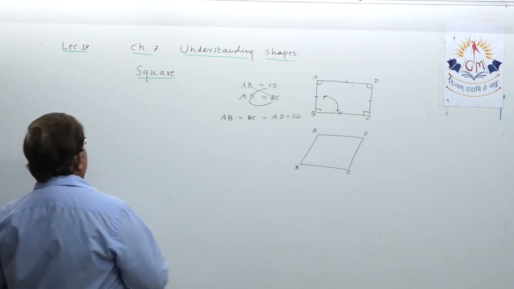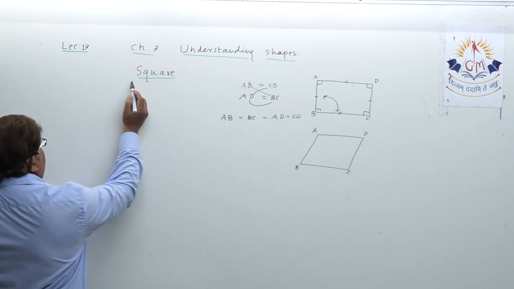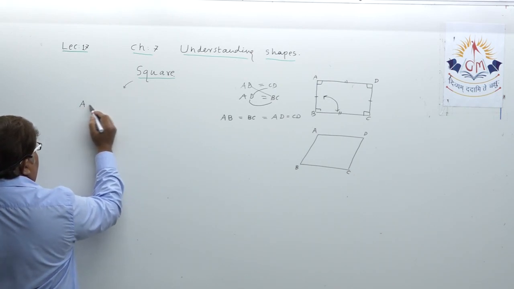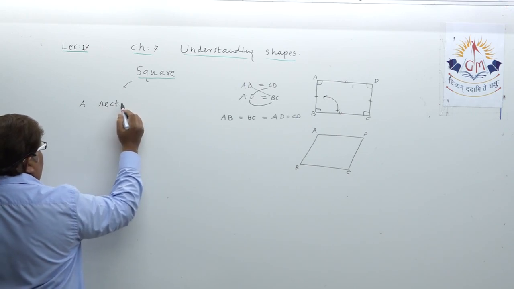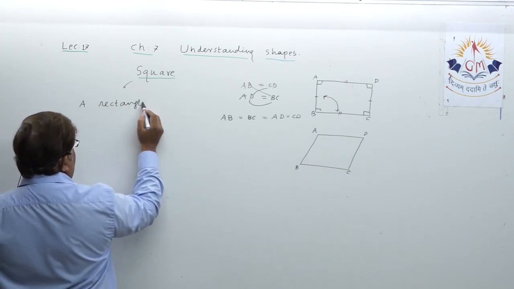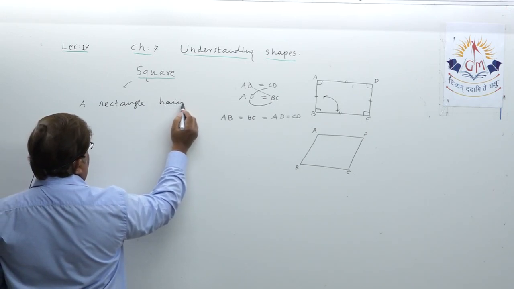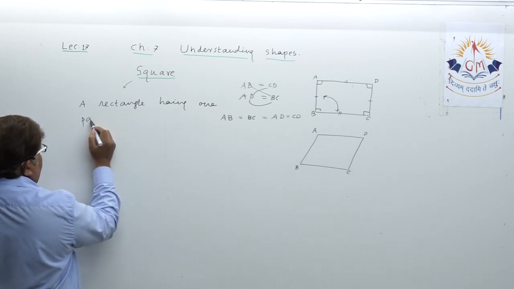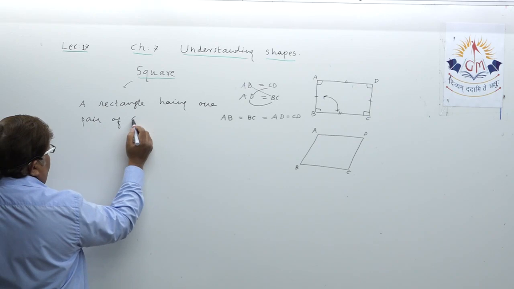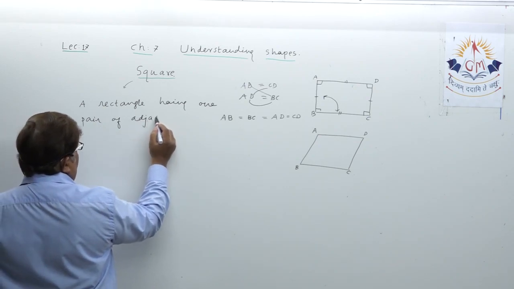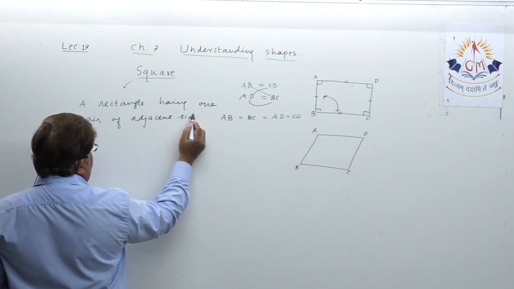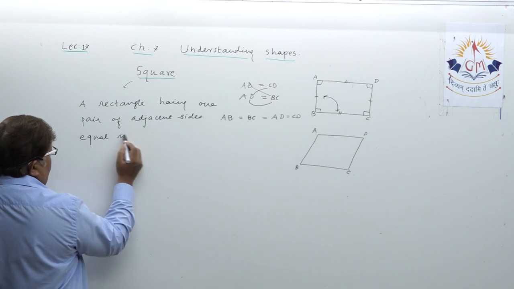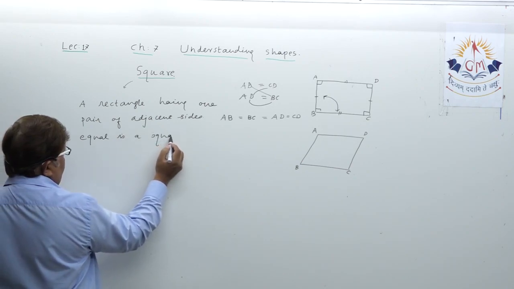So dear student, if you want to define square in terms of rectangle, you can write this way: a rectangle having one pair of adjacent sides equal is a square. Understood, dear student?